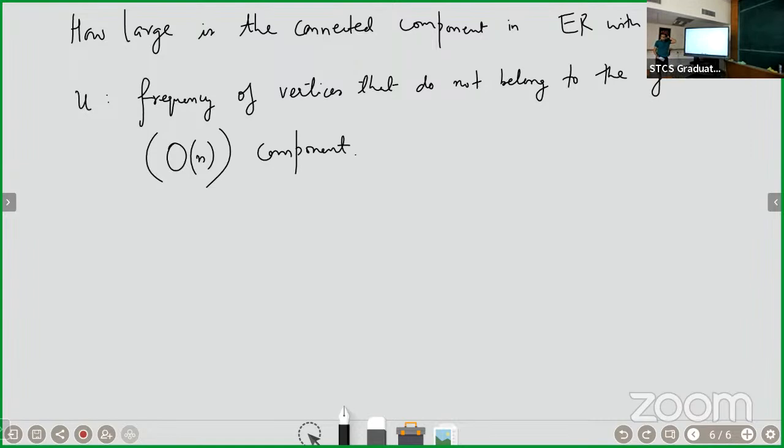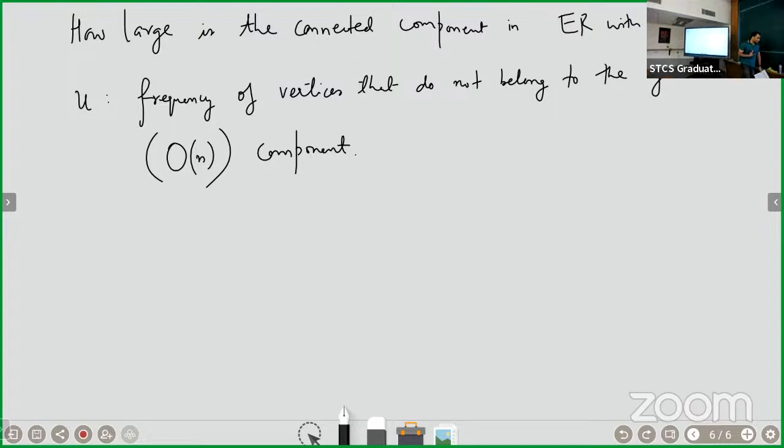Make sense? So what should you converge to if n is large? What is its frequency? So frequency of vertices. So total number of vertices that are not part of the giant component divided by the total number of vertices. That's what U is. So where should you converge if n is large?